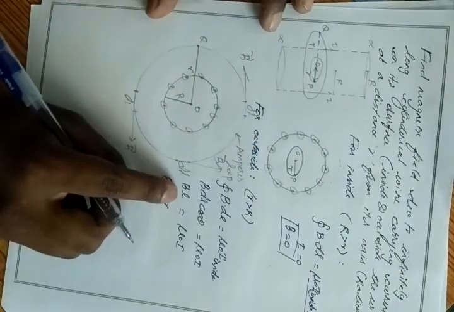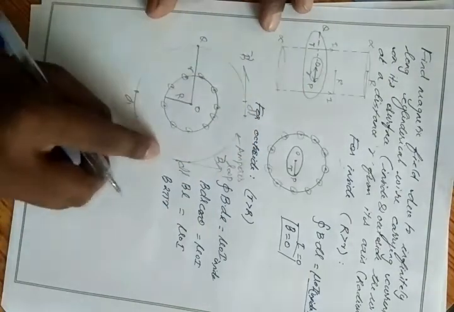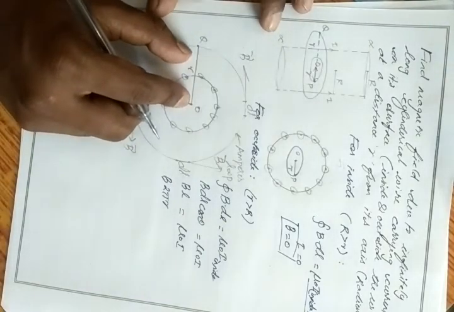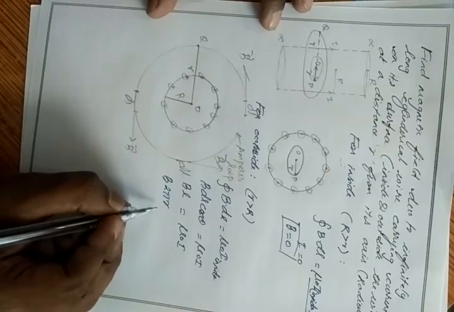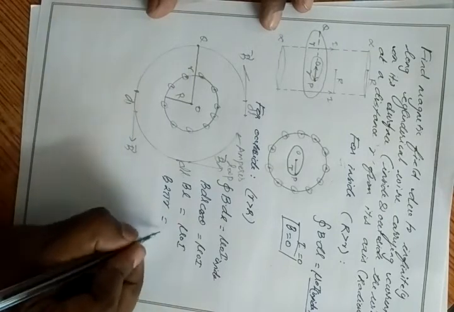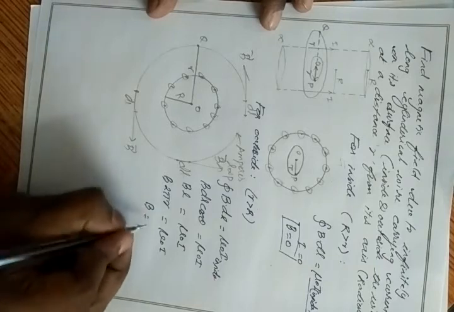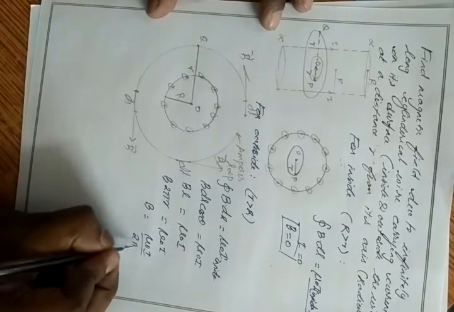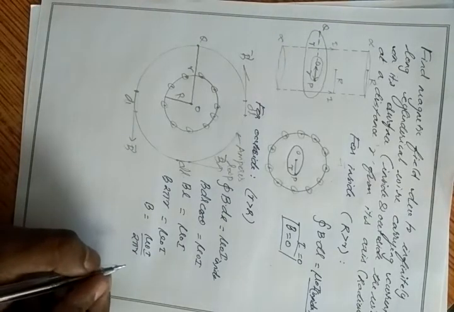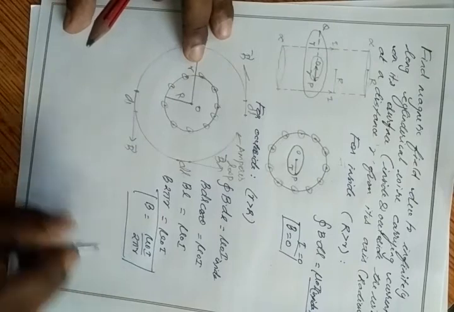Here we take the length of the Ampere's loop. Ampere's loop has radius small r, so the circumference is 2 pi r, equal to mu naught I. From this equation I get B equal to mu naught I by 2 pi r. So this is our final equation.